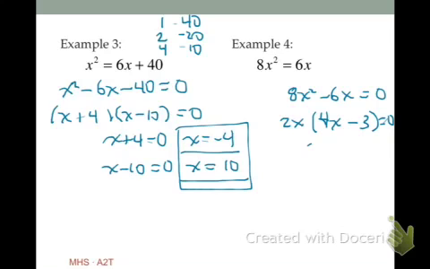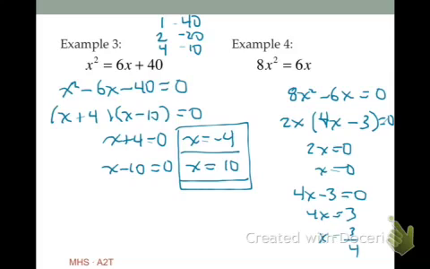So that means that 2x is equal to 0, or x equals 0, or 4x minus 3 equals 0, 4x equals 3, x equals 3/4. So there's my two roots, there and here.